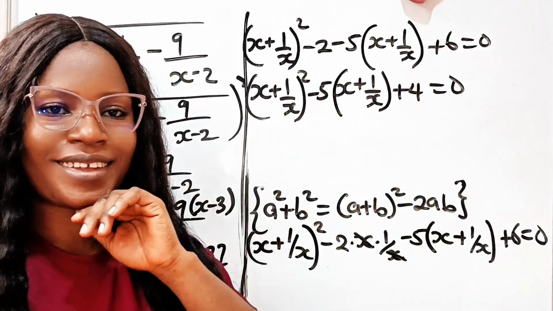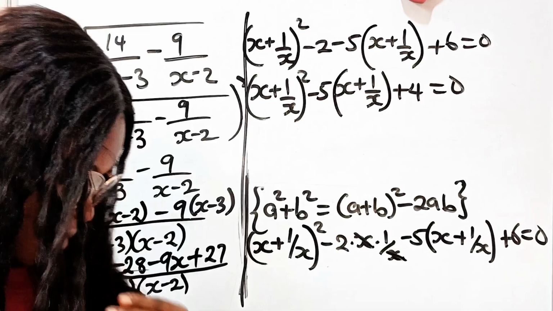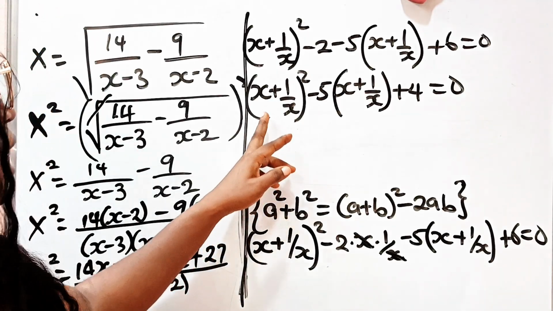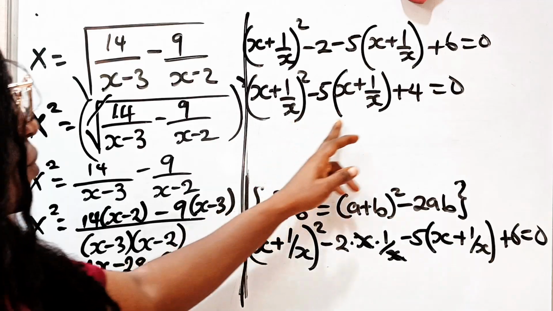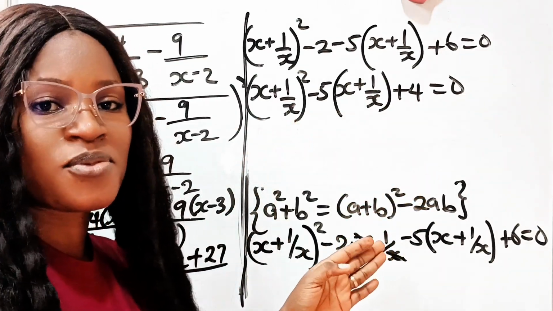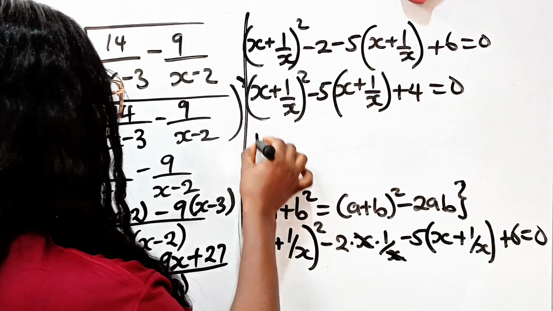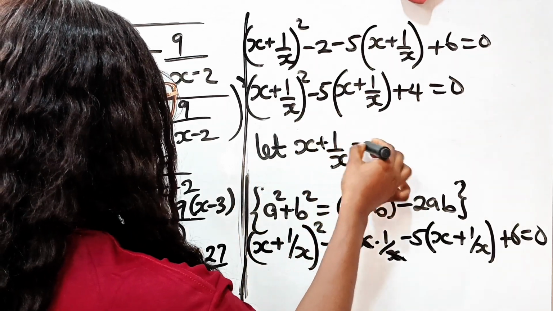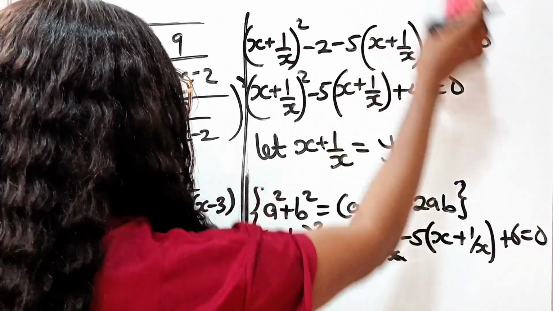Are you seeing something? I can see x + 1/x here and x + 1/x here. So this is actually a quadratic equation. So you can say let x + 1/x be equal to y.